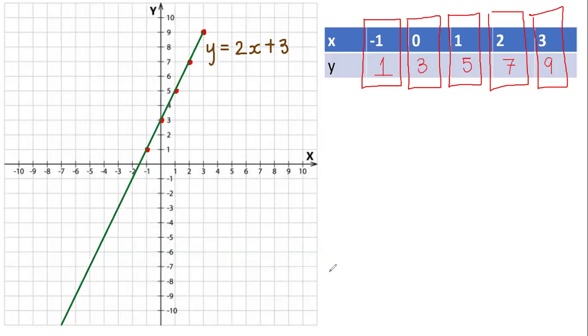Okay, since we're done with that, what I want us to do is go ahead and graph another equation. This time it's going to look a little bit different. Again, take a picture of this and send it to me for yourself. By the way, put I inside the chat if you understand what to do.